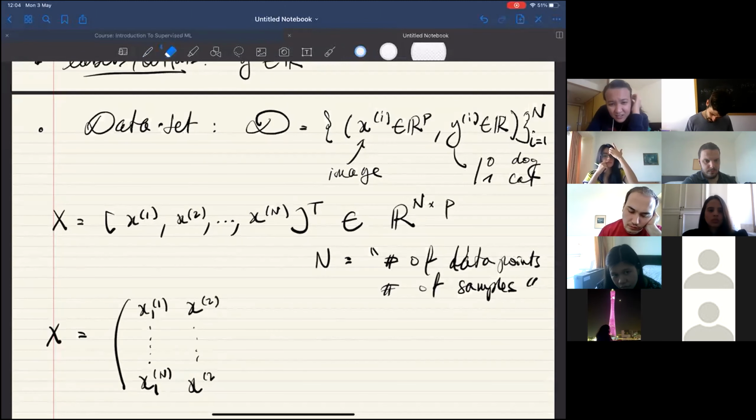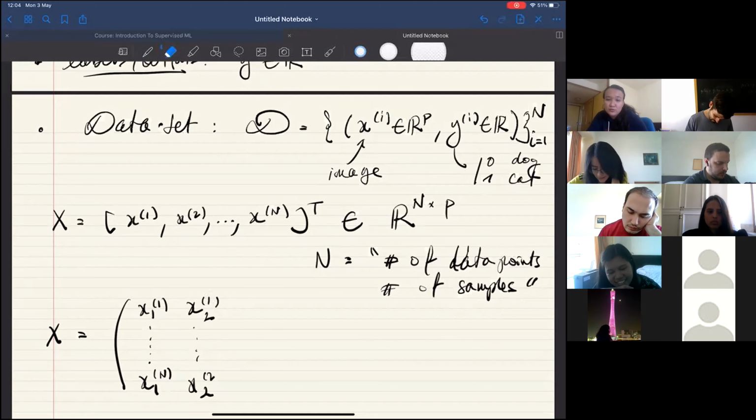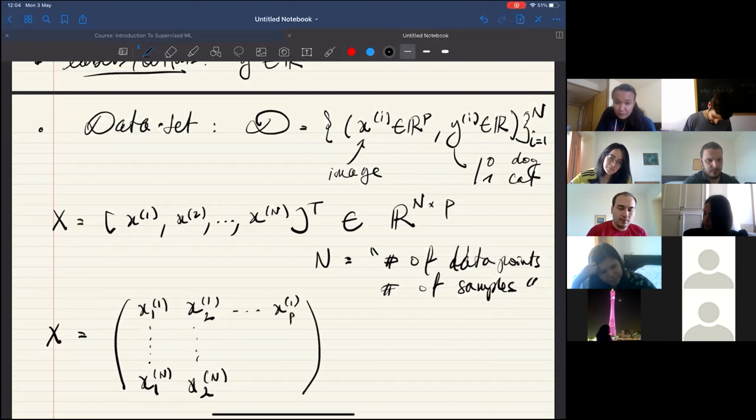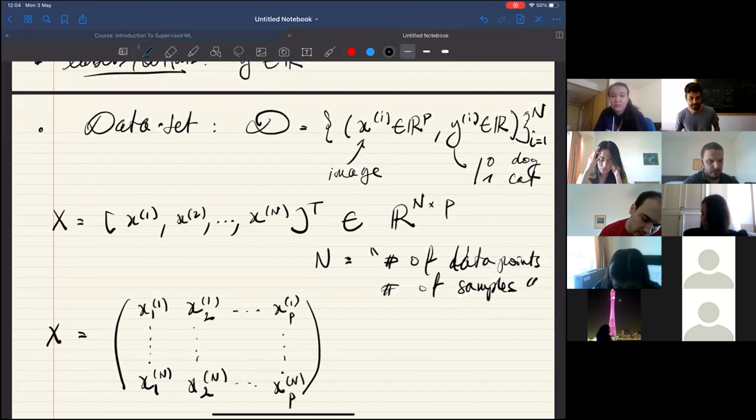It's x1, x2, 1, and so on and so forth. And the last one, you have x1p, xnp. Okay, and so each of these columns is called a feature.